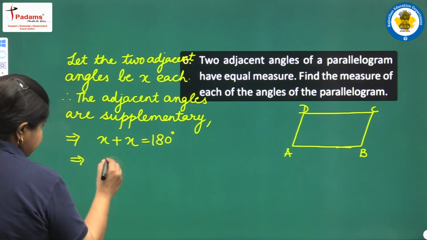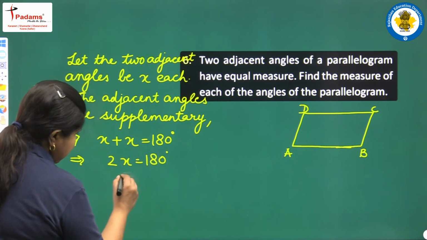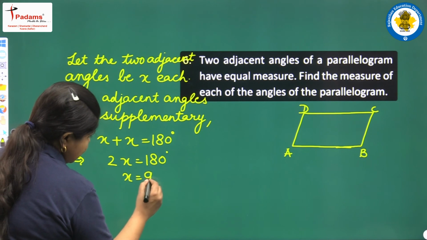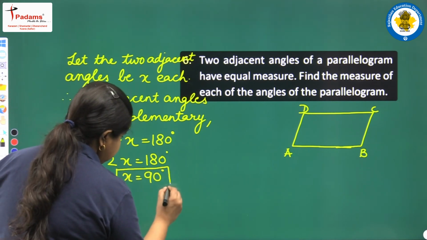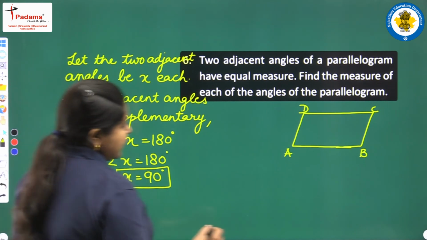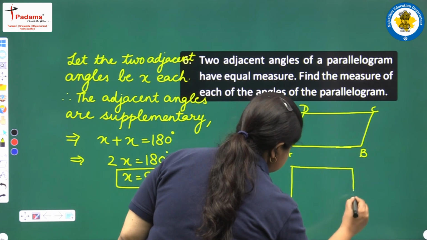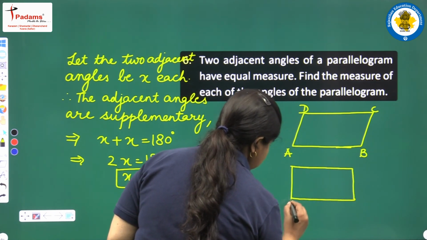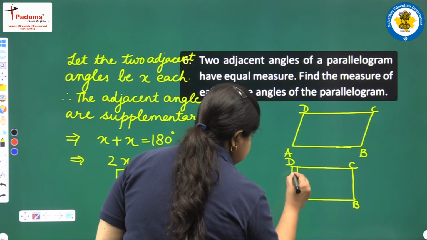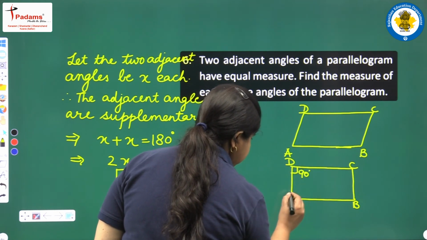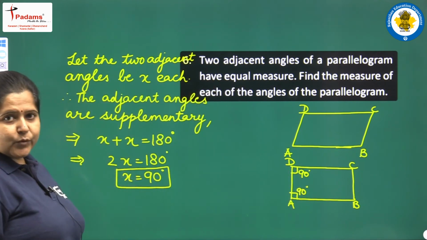This means 2x is equal to 180 degree and then x will be equal to 90 degree. 180 upon 2, it will be 90 degree. So in fact it will be a rectangle in this form in which the adjacent angles are equal. We take it in this way, A, B, C, D. This is again 90 degree and this is also 90 degree. The two angles are equal in this way.